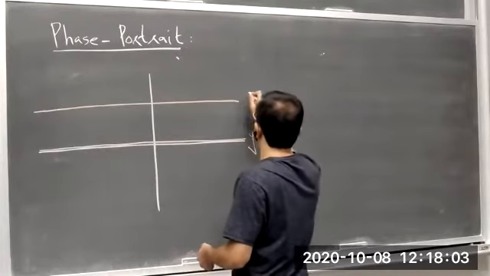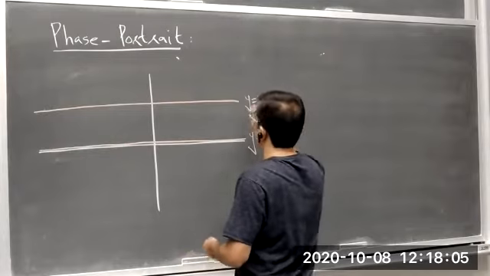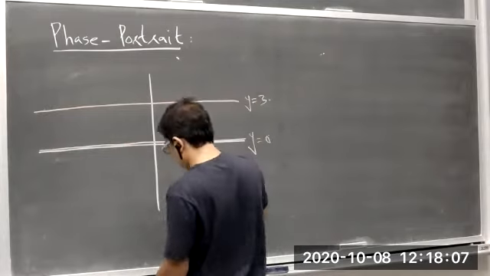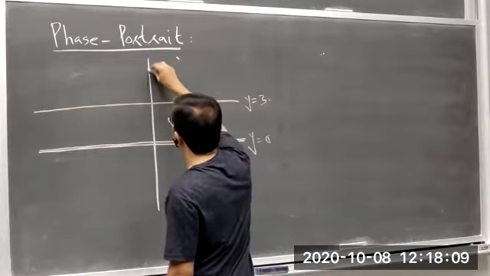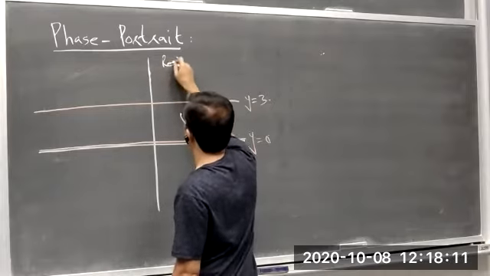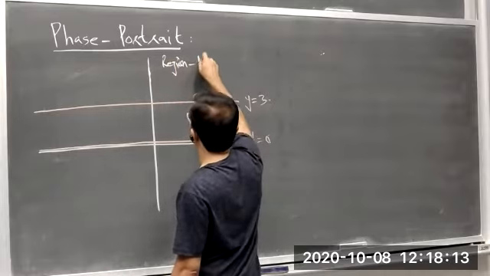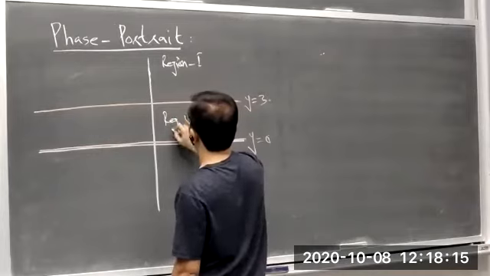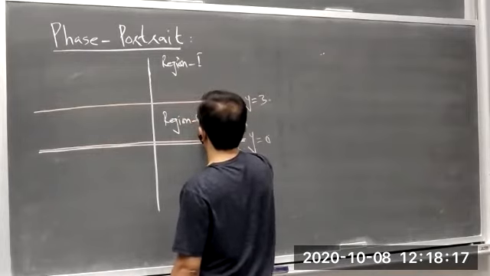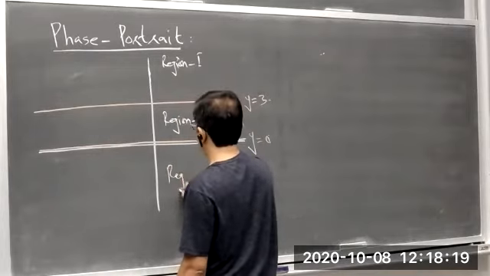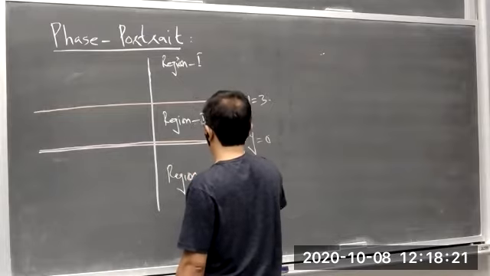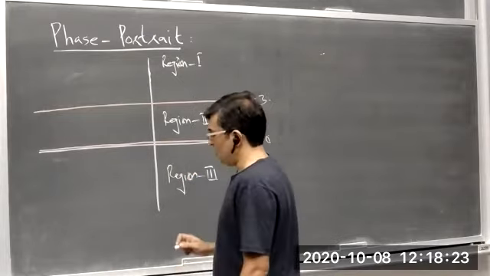This one is y is equal to 3. Now we have three regions. This is your region 1. This is your region 2. And this is your region 3.